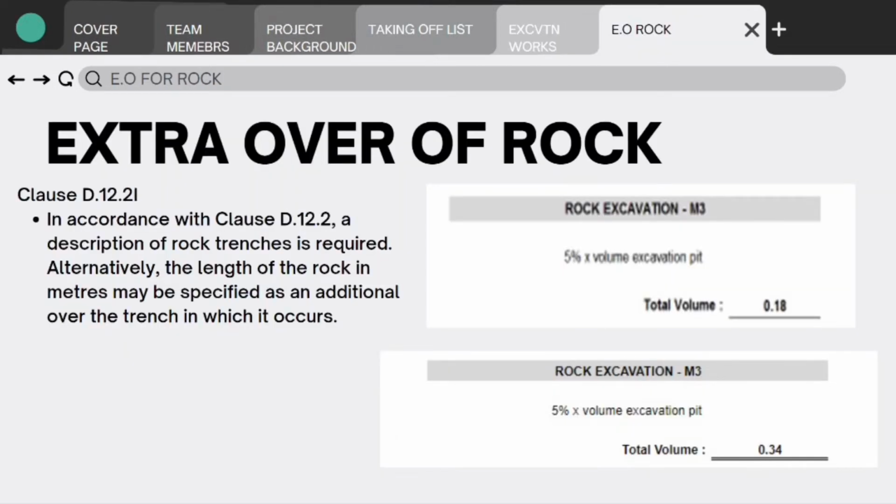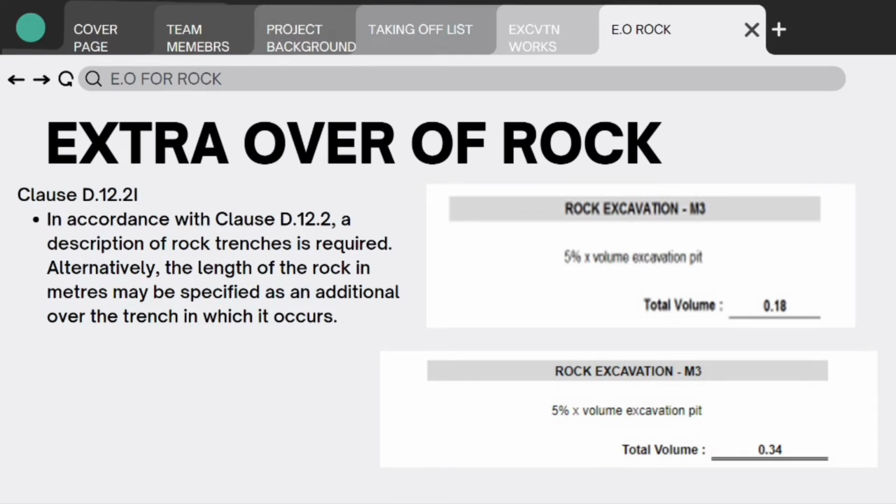Extra over for excavating in rock for MH1 and MH5 shall be described in accordance with clause D12(2). Excavation in rock shall be so described. Rock is defined as any material met with in excavation which is of such size or position that it can be removed only by means of wedges, levers, or special plant, explosive or chemicals.